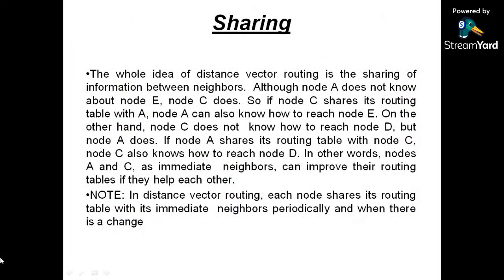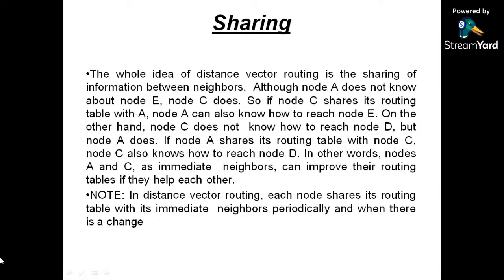Now, second stage is sharing. The whole idea of distance vector routing is the sharing of information between neighbors. Although node A does not know about node E, if node C shares its routing table with A, then node A can also know how to reach node E. On the other hand, node C does not know how to reach node D, but node A does.